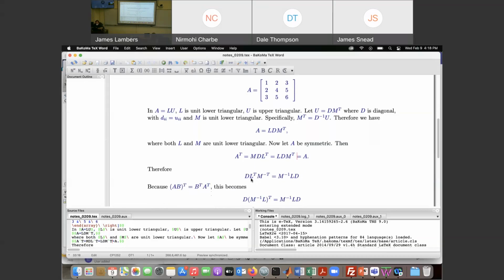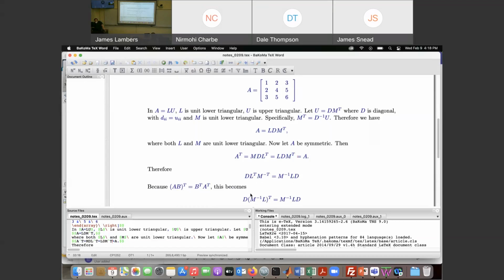First, what's multiplying D on the right on one side is the transpose of what's multiplying D on the left on the other side. Furthermore, L and M are both unit lower triangular. M inverse is also unit lower triangular because inverting preserves triangularity and unitness.